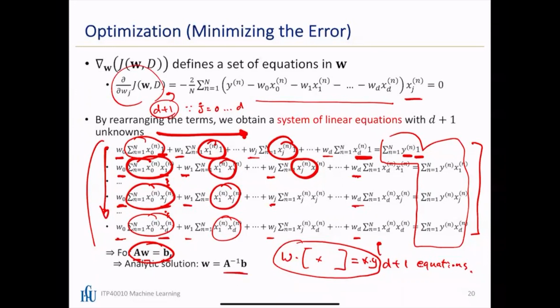So A inverse multiplied by B is going to be W. The reason I am spending slightly longer time on this expansion is to let you find this pattern. Once you find the pattern AW equals B, you can try to solve this problem by matrix multiplication. So W is equal to A inverse multiplied by B.